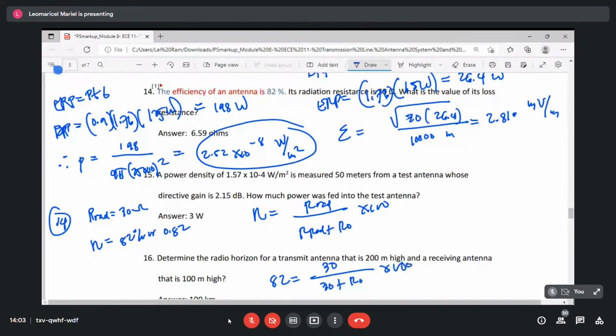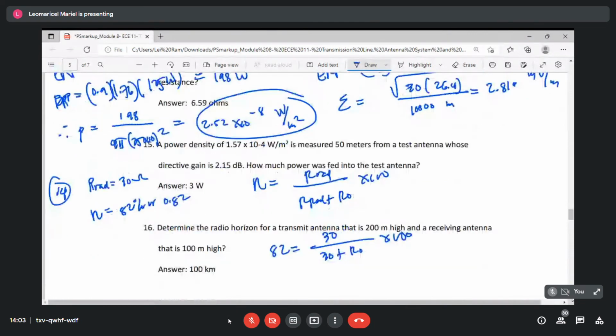So, ilan na makukuha nyo? Chip solve. So, RO will be equals to ilan? Chip solve, 97.